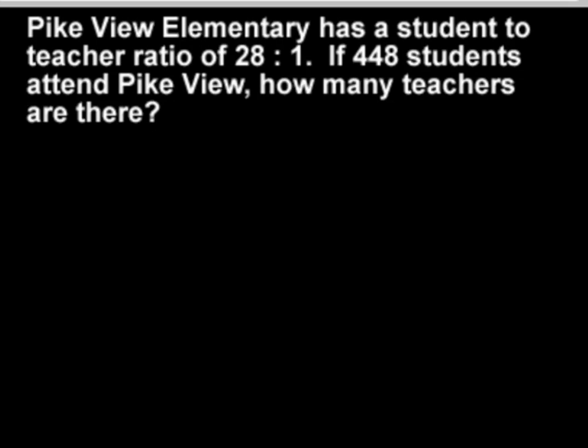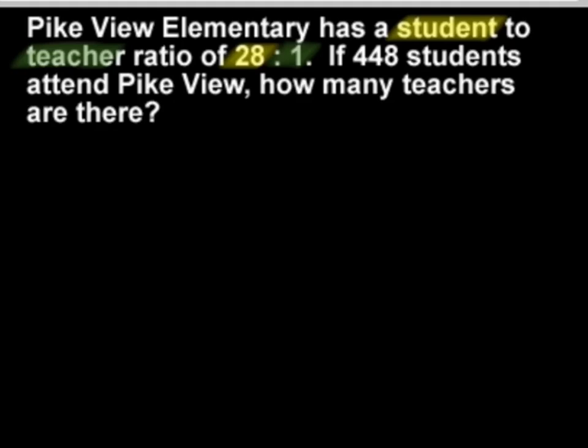Pikeview Elementary has a student-to-teacher ratio of 28 to 1. If 448 students attend Pikeview, how many teachers are there? So, student to teacher, let's keep this different colors. So I'll use yellow and green. Student to teacher, so the teacher is 1 and the student is 28. For every 28 students, there's 1 teacher.